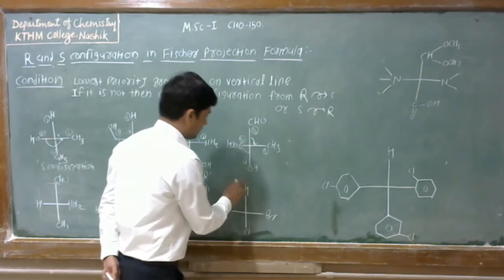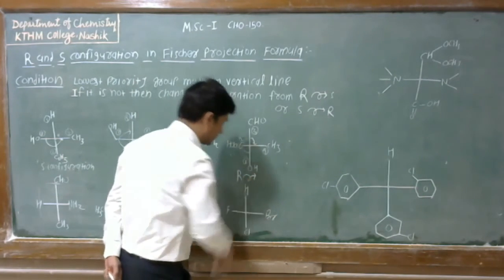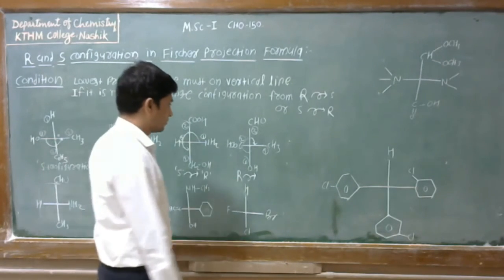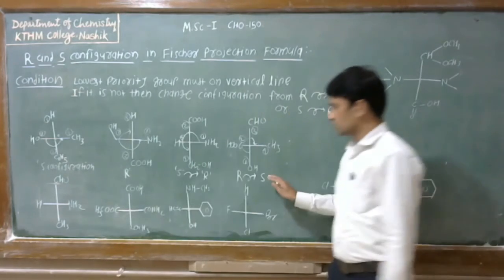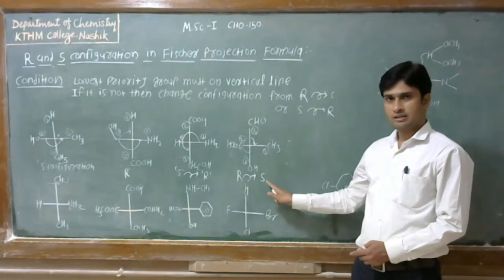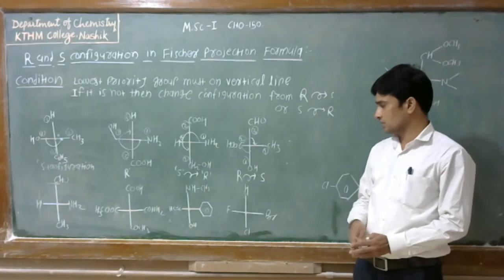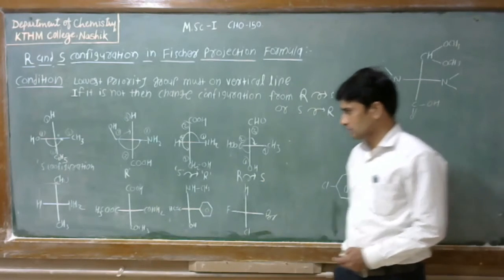So here it is the R configuration, but because the lowest priority group is on the horizontal line, the R configuration changes to the S configuration. The actual configuration of this compound is the S configuration. This R configuration is not actual. The final and true configuration is the S configuration.